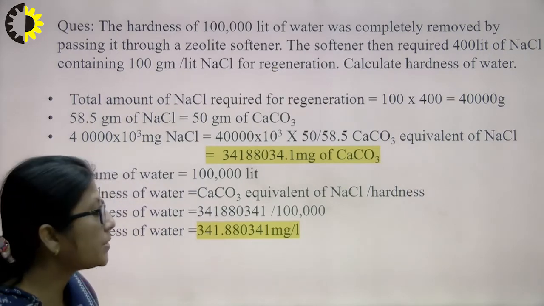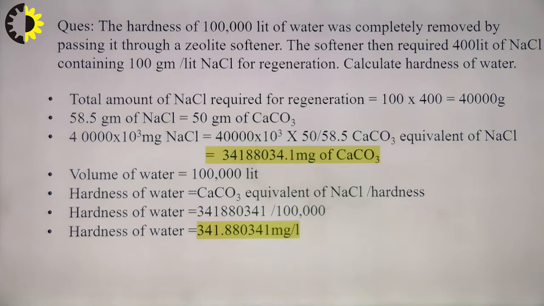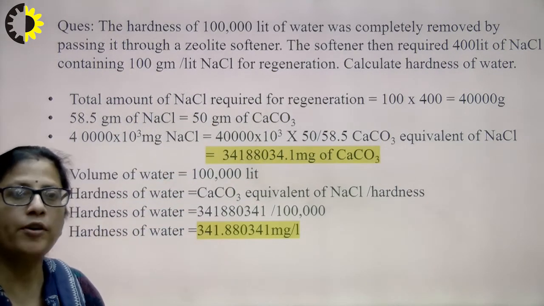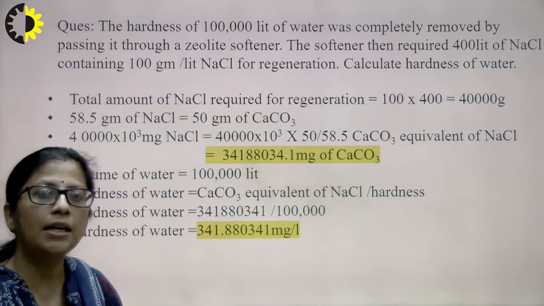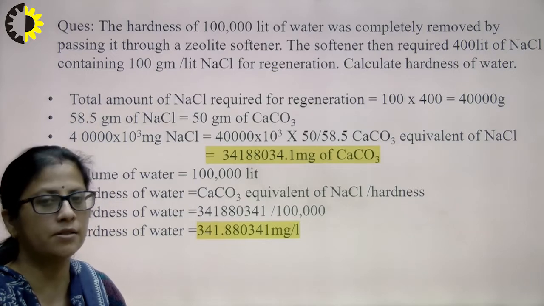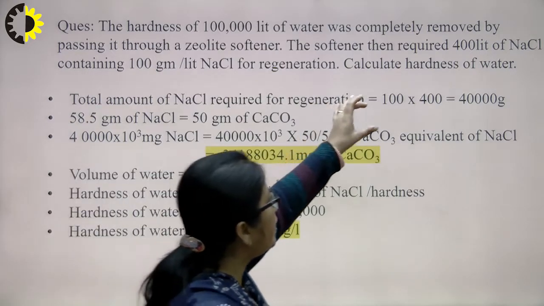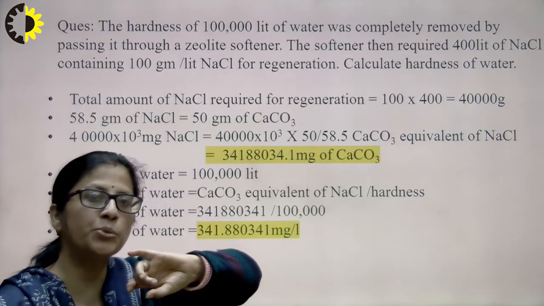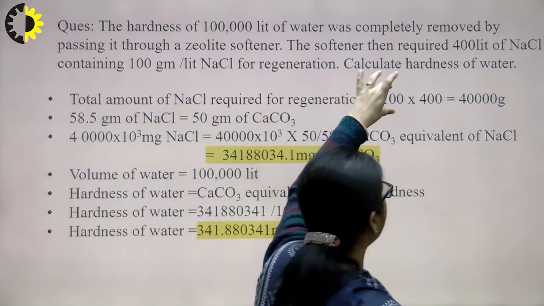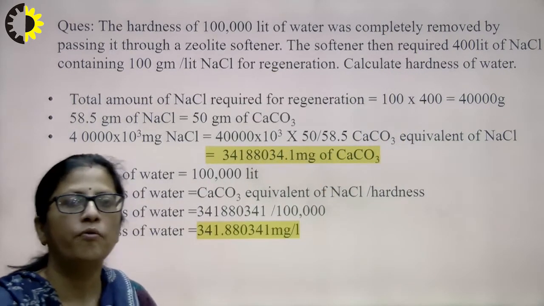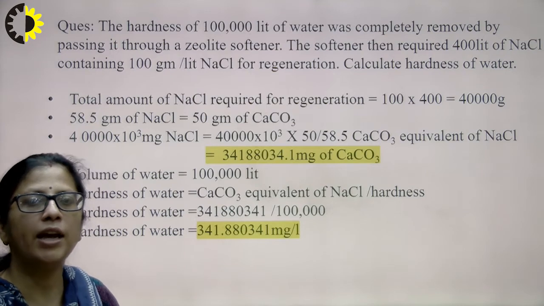Now, starting with the solution, the total amount of NaCl required for regeneration: as I have already said, per liter I had dissolved 100 grams and I had passed 400 liters of NaCl. So, 400 liters of NaCl will contain how much solid NaCl? It is going to contain 100 grams multiplied by 400 liters, which is equal to 40,000 grams of NaCl.